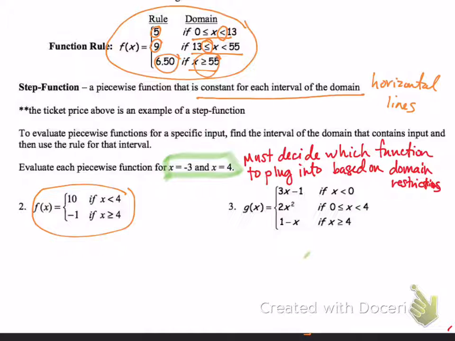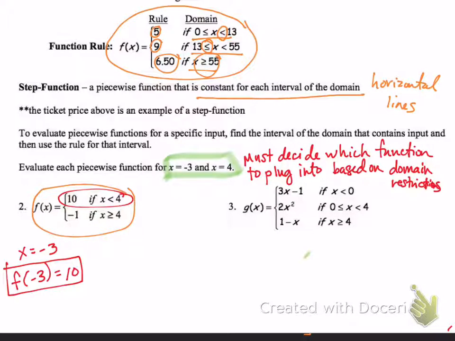So if we look at number 2, x equals -3. If I have x equals -3, is that going to go in the top function, so the 10, or the -1? The top. So f of -3 equals 10. And it's just a number, so I'm not plugging in anything.